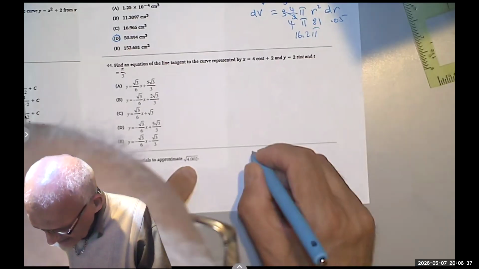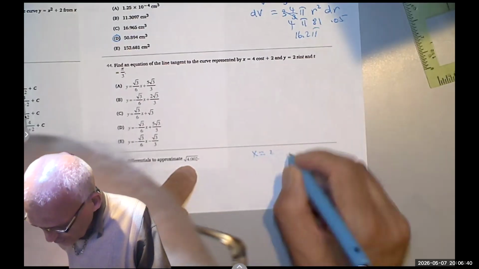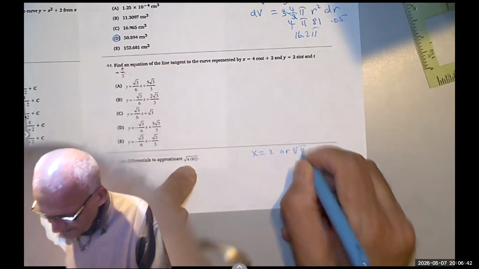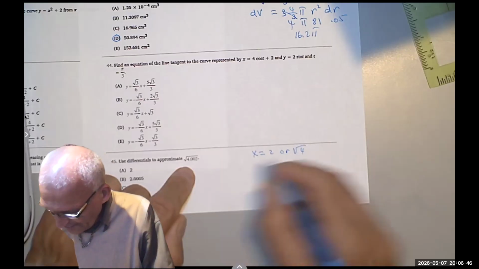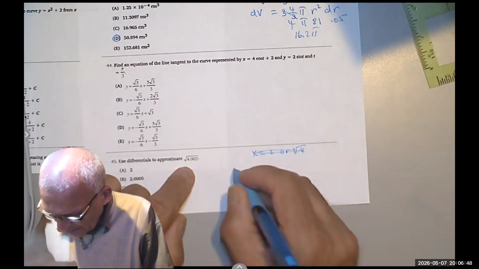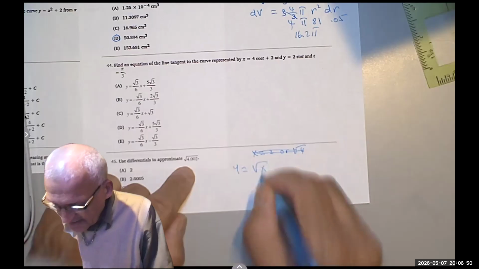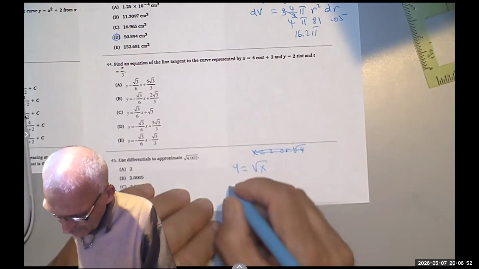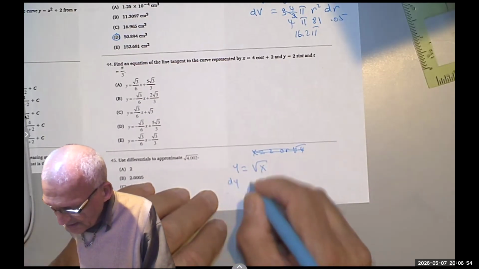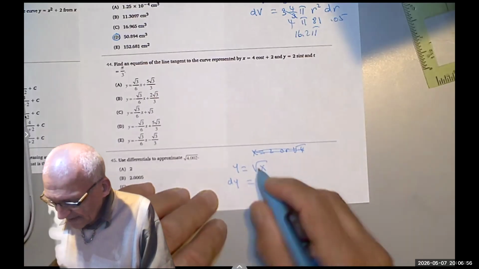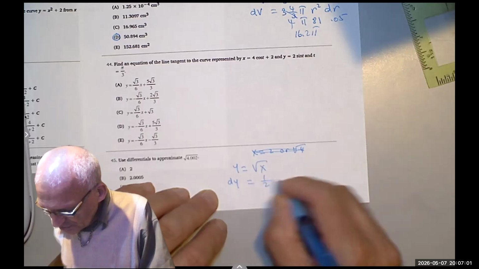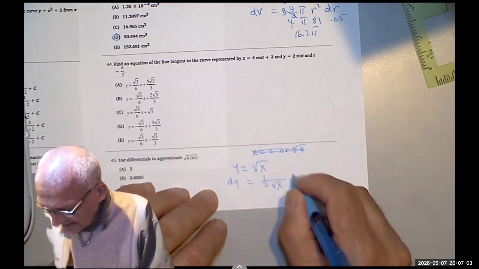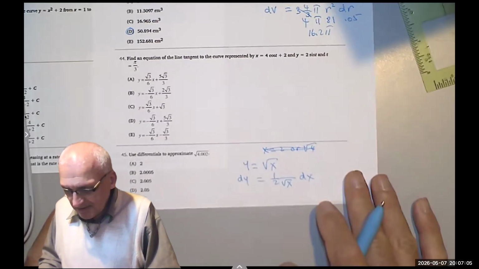We say x equals 4, or the square root of 4, and y equals square root of x. So if I take the differential, dy equals 1/2 x to the negative 1/2, so 1 over 2 square root of x, dx, right?